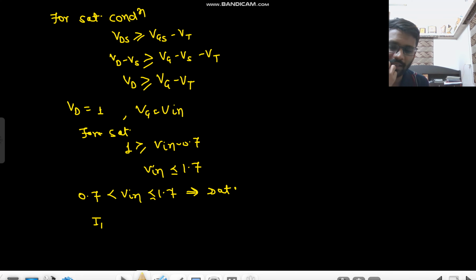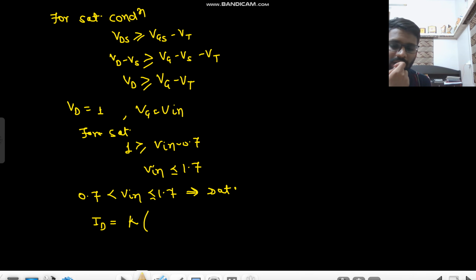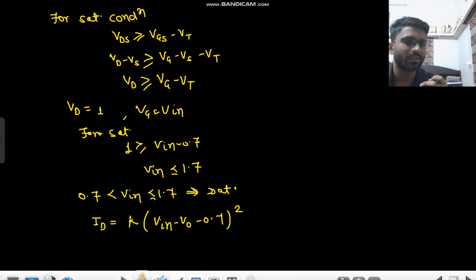So what is your ID? ID would be some constant times VGS minus VT, the V overdrive, whole square, that is, V in minus V naught minus 0.7. If the source doesn't define the region of operation, then why do we always write VGS?